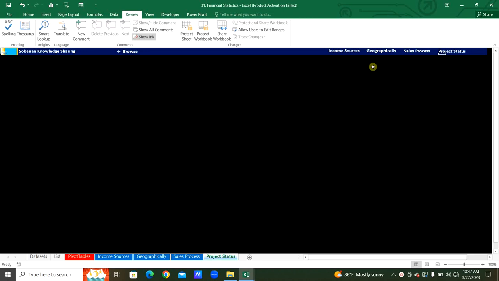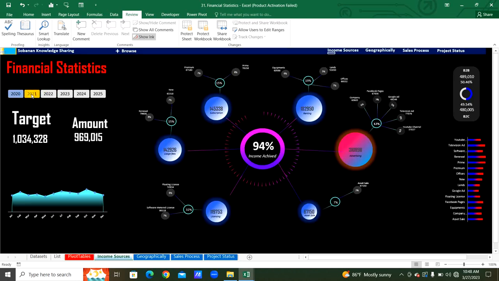I have arranged them. Income sources: we can select year wise, the yearly target and the yearly income amount achieved, and for the year, month wise, the income level in the area chart, and here the income breakdowns in the bar chart. We can see year wise it will change according to the year.